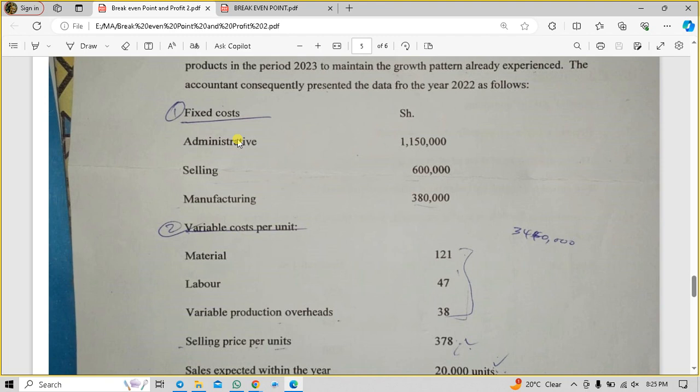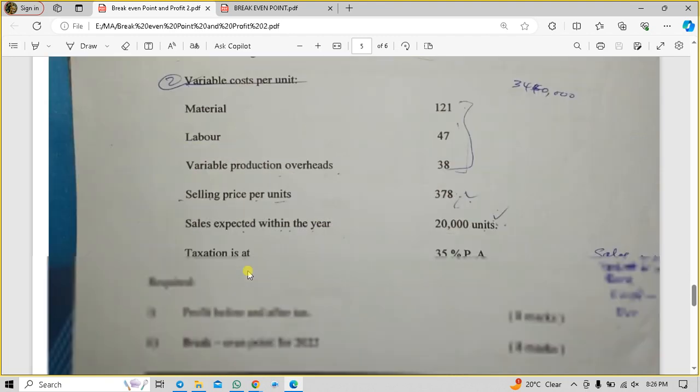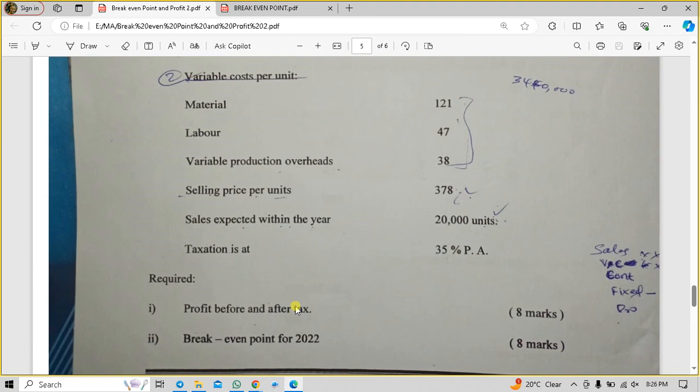Tutarudia polepole. I just want to know what you're getting as your profit after tax. Then tutarudia tu polepole. Okay, 851. Yes, 851,500. That is the profit after tax. So profit before tax, you have it, and after tax.